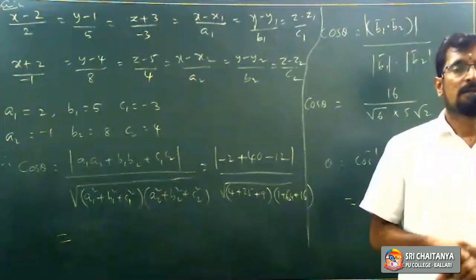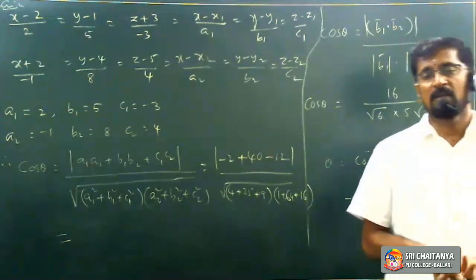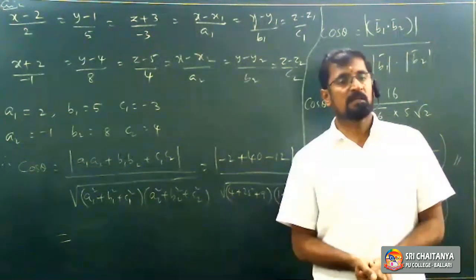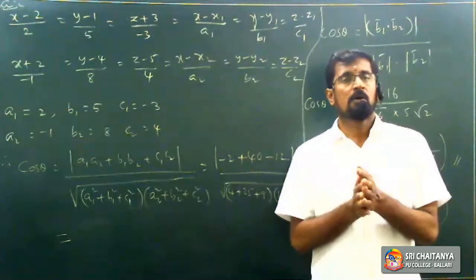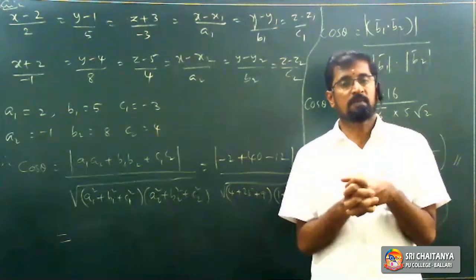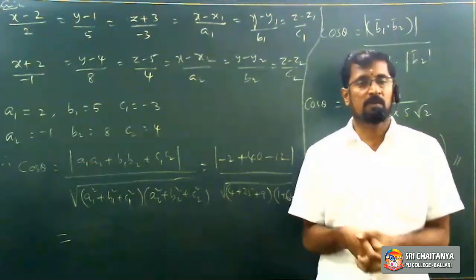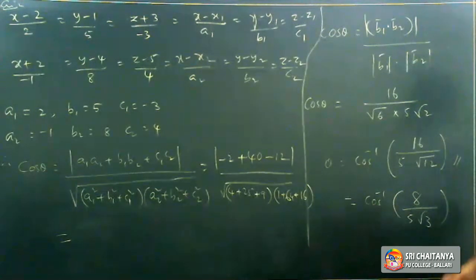After that, you substitute all the values of a1, b1, c1, a2, b2, c2 in the formula cos theta is equal to a1 a2 plus b1 b2 plus c1 c2 upon root of a1 square plus b1 square plus c1 square into root of a2 square plus b2 square plus c2 square. After that, you are going to get the answer. Copy this one.